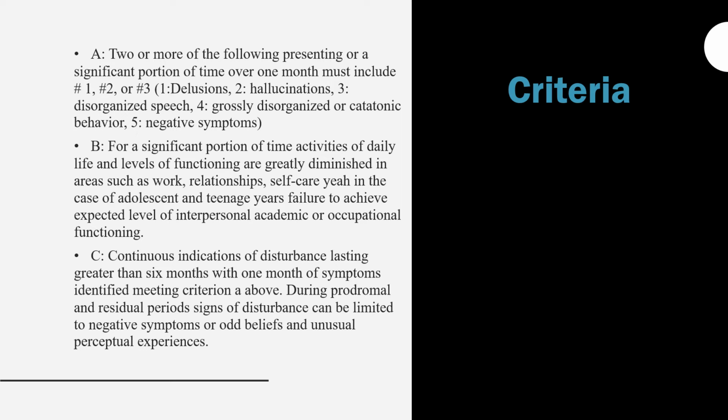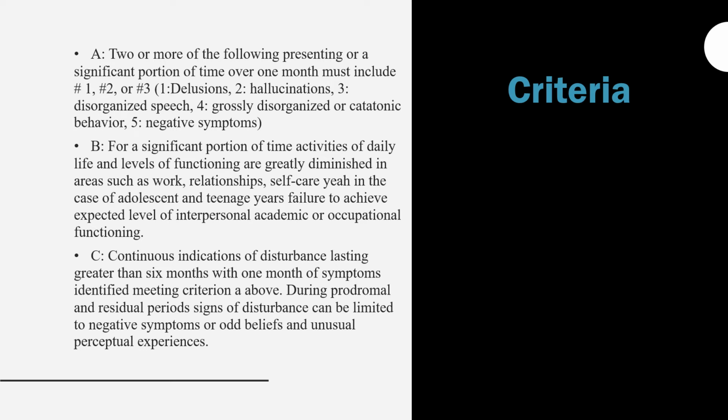Category B, a significant portion of time, activities of daily life are completely messed up. Relationships, work, education, self-care. Okay? In the case of adolescents and teenagers, failure to achieve levels in school or relationships in school, friends, occupational functioning if they have a part-time job or something, very impaired.